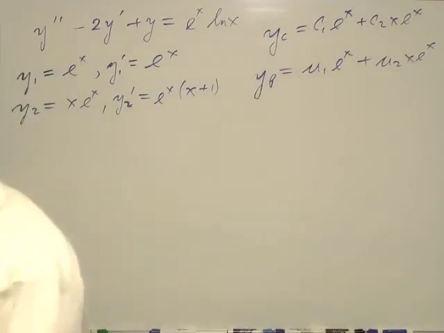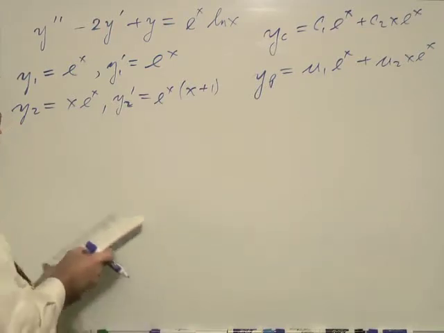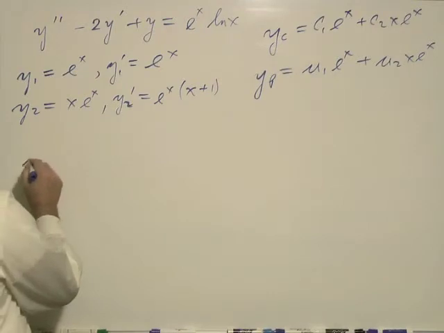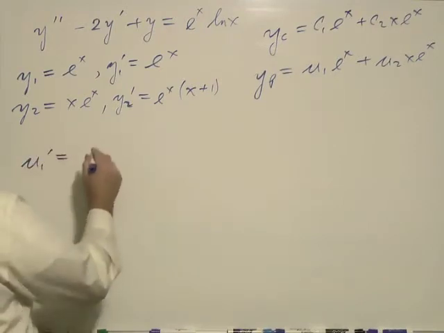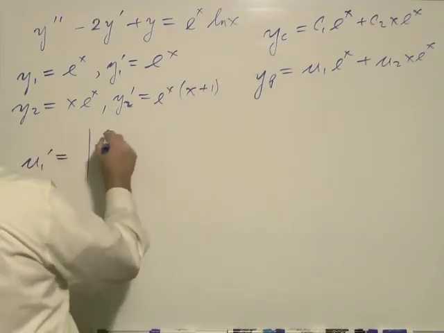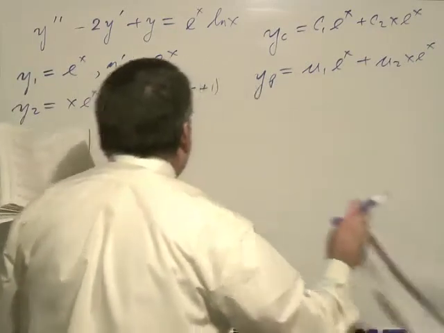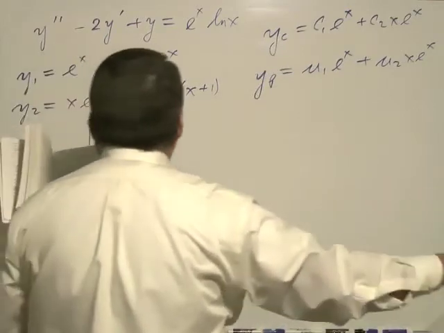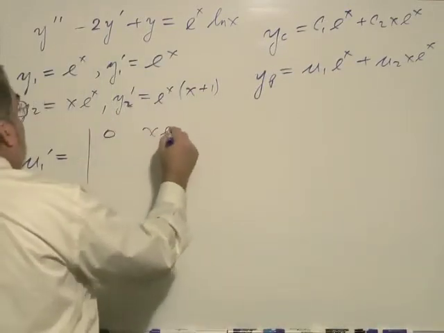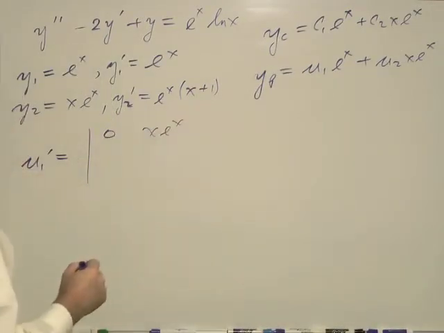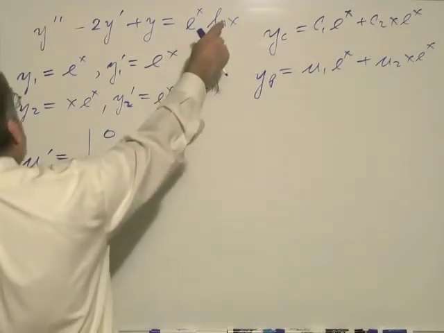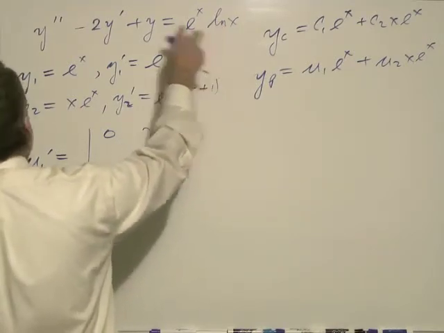Okay, so I still don't have this memorized. I'm not sure I want to memorize this, but the variation of parameters formula: u1' would be the determinant with 0, y2 on top. So I'm just going to write them in this time. y2 is x e^x, and then we have q(x) divided by a2.